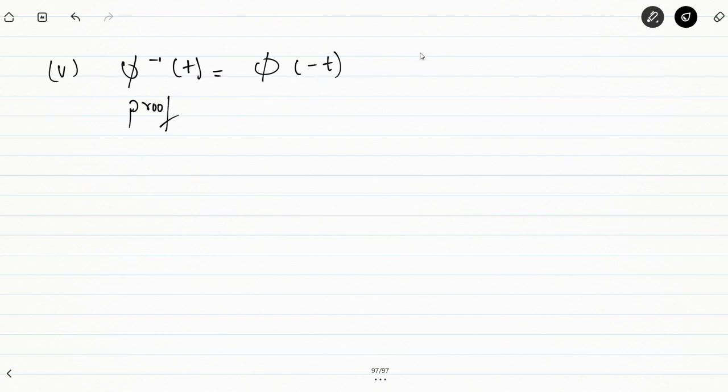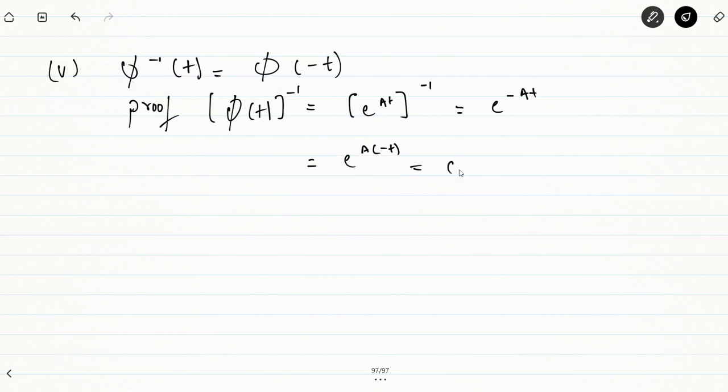So the proof of this is phi of t inverse is nothing but e raised power a t inverse, fine, that is equal to e raised power minus a t, that is equal to e raised power a into minus t. E raised power a into minus t is nothing but phi of minus t. Fine. This is your fifth property.